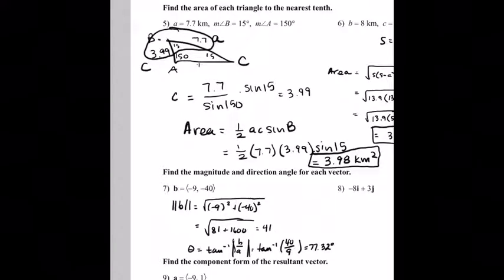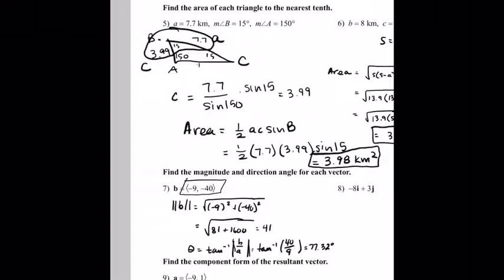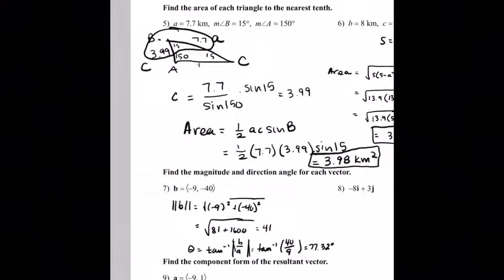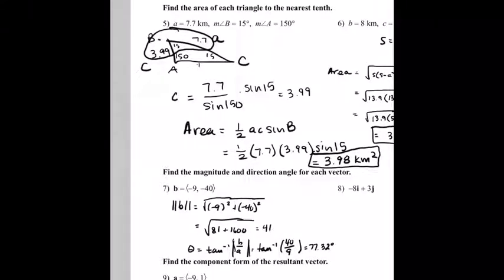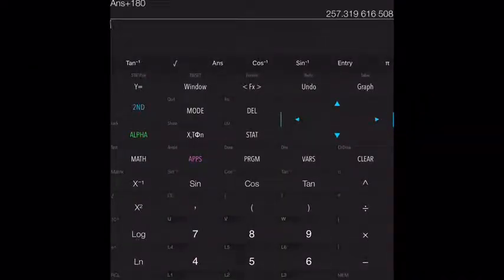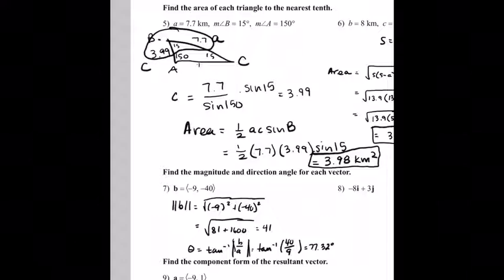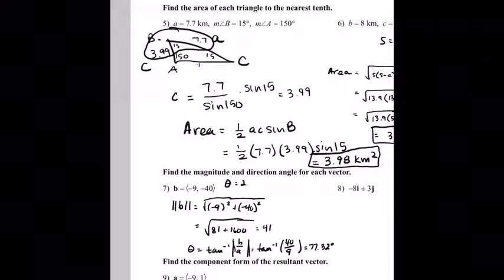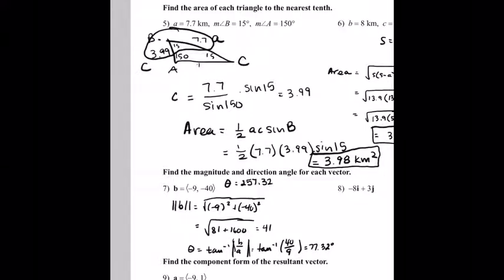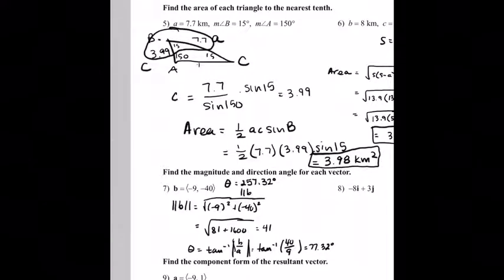That's always going to give you an angle in the first quadrant. But if you think about where this vector is, -9, -40, that's in the third quadrant. So this angle here, 77.32, is a reference angle for an angle in the third quadrant. So we need to add that to 180. And we get 257.32. So the actual angle is 257.32 degrees. And then the magnitude of vector B was 41.